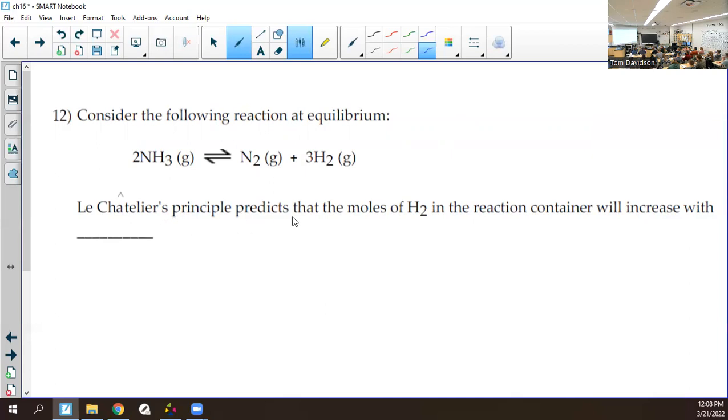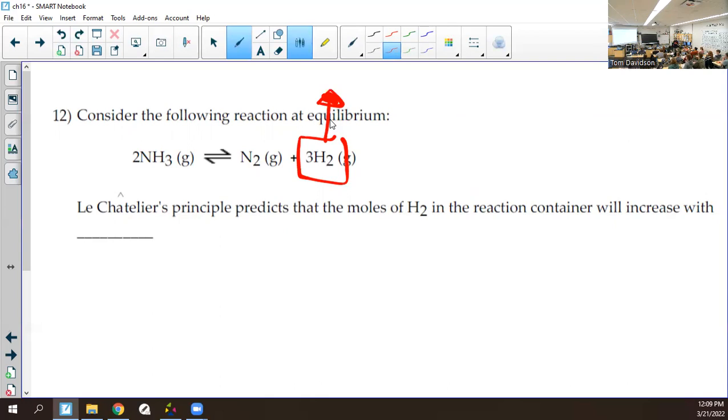Le Chatelier's principle predicts that the moles of H2 in the reaction will increase. So tell your partner at least one way to make this go up. Ready, go. So the easiest one would be to add more NH3.